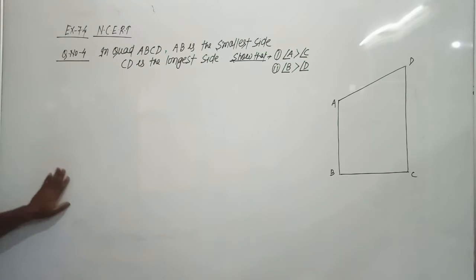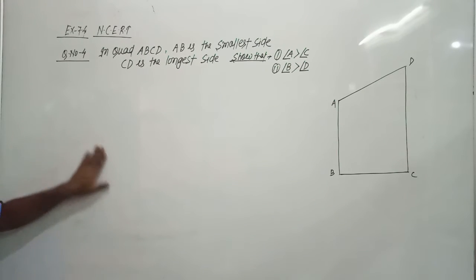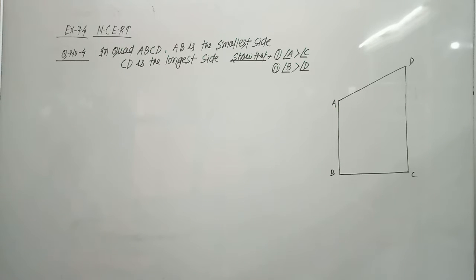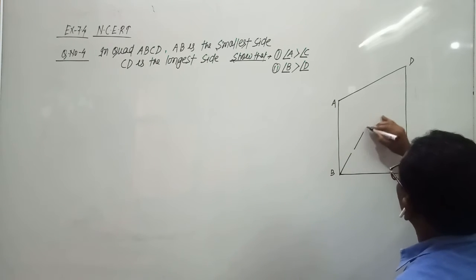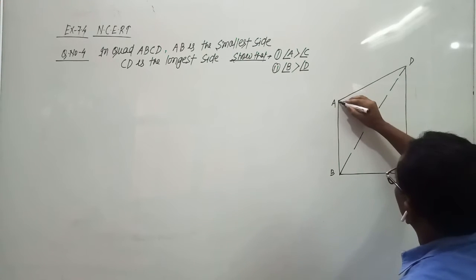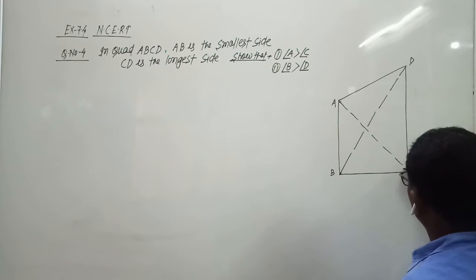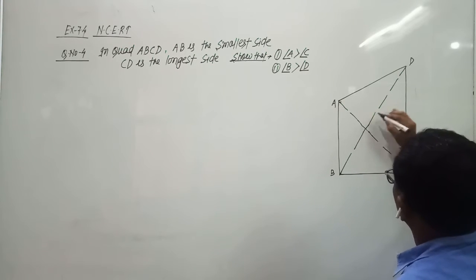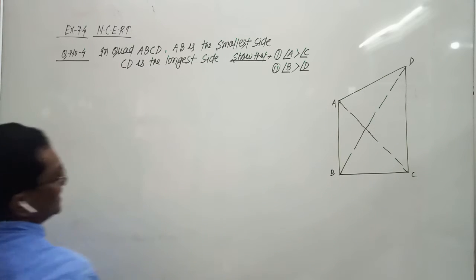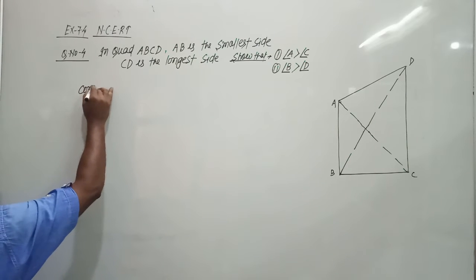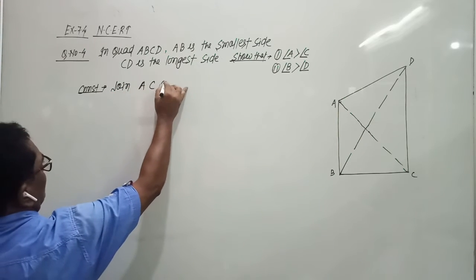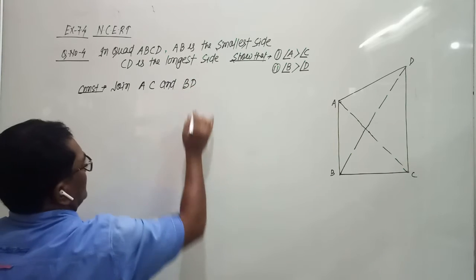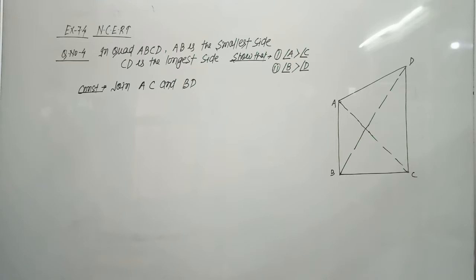We have to prove that angle A is greater than angle C and angle B is greater than angle D. So we make a construction. Join AC and BD.